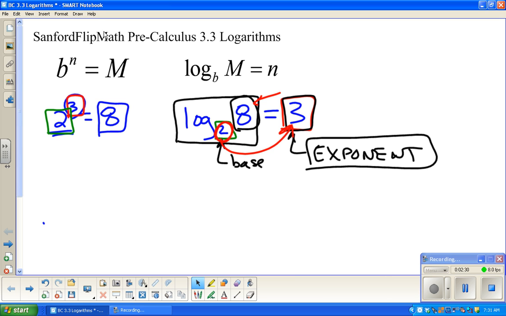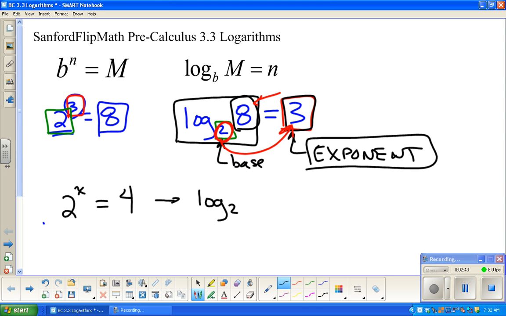So let's say we had something like 2 to the x equals 4, and what I want to know is what is x. Well, if I was going to write this in log format, log base 2 of 4 equals x. Again, here's that exponent, the exponent's over there by itself. The base is 2, here's that 2.